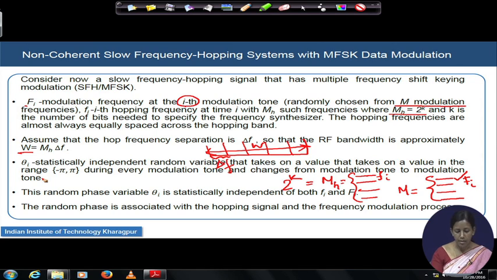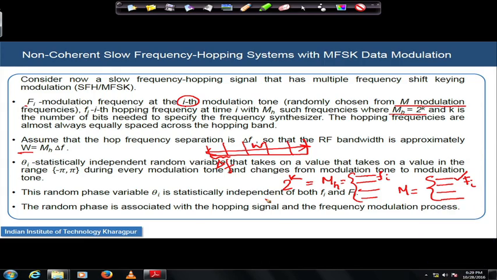Theta i is a random phase variable that will invariably be added, and it is statistically independent for both the small phi and the capital Phi. This random phase will be automatically associated with the generation of the hopping signal and the frequency modulation process.